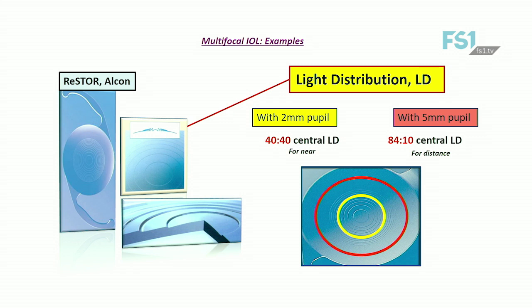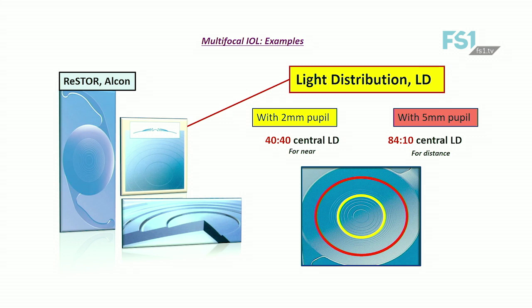height of these steps. An example is this Restore IOL from Alcon, and this lens has a 3.6 mm central zone with 9 concentric diffractive rings, which means that these rings are not on the whole surface of the lens, there are only 9 concentric diffractive rings.